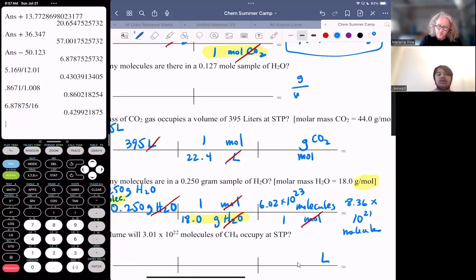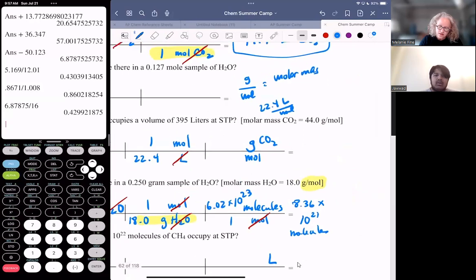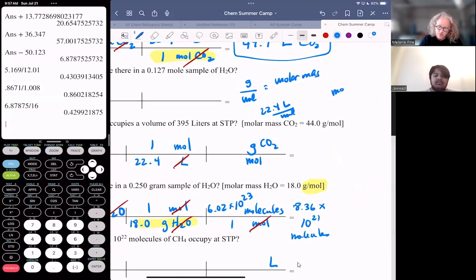Grams per mole is molar mass. Liters per mole is 22.4. And molecules per mole is 6.02 times 10 to the 23rd.